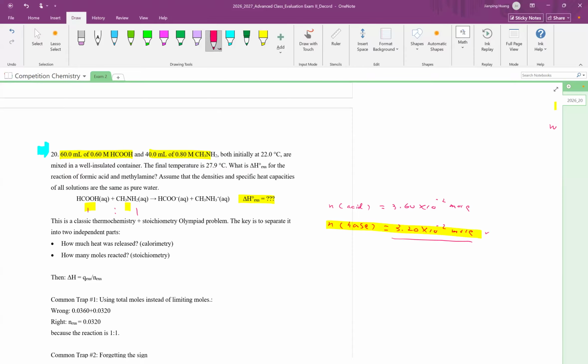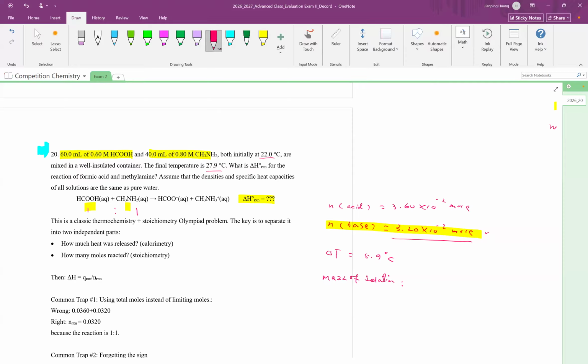Now, second one, we are going to calculate delta T. Delta T, 22.0 to 27.9. Can I say it's a 5.9 degree change? I'm going to calculate the mass of solution. Why do we do that? You give me a minute. That is the solution. Where is the solution?